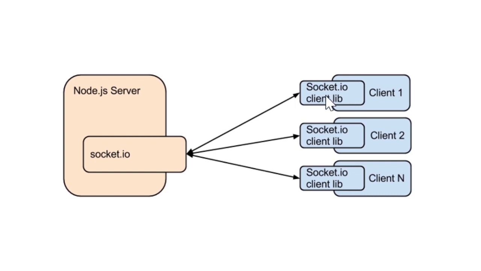Whenever the client sends out some type of event, it's going to send that event out to the server, and the socket will be listening for that event. Based off of that event, it will do something like send information back out to all the clients, or maybe even just one particular client. Any client connected to this server will be able to send events, and then the server will send those events back out to the clients that it is supposed to go out to.